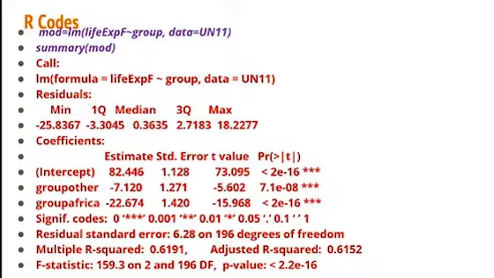That's why we run a linear regression model where we are regressing the female life expectancy on group. And of course, we're using data from the United Nations. If you check the ALR4 package, you're going to have access to that data.